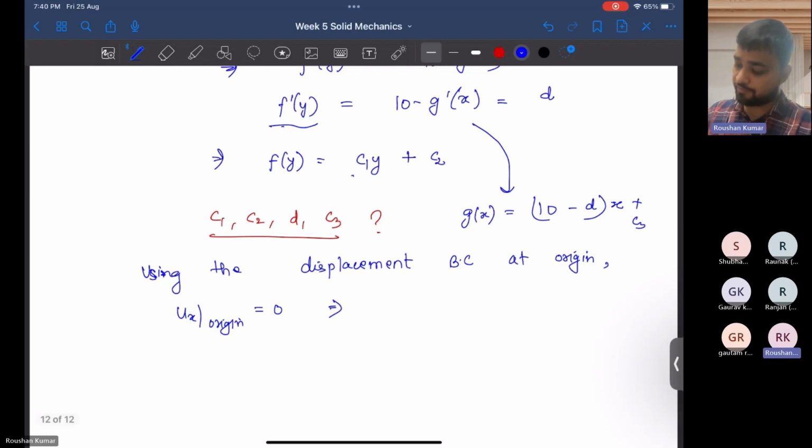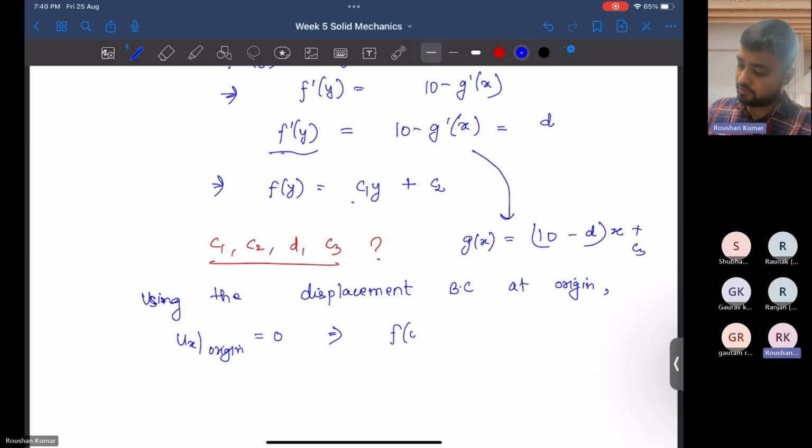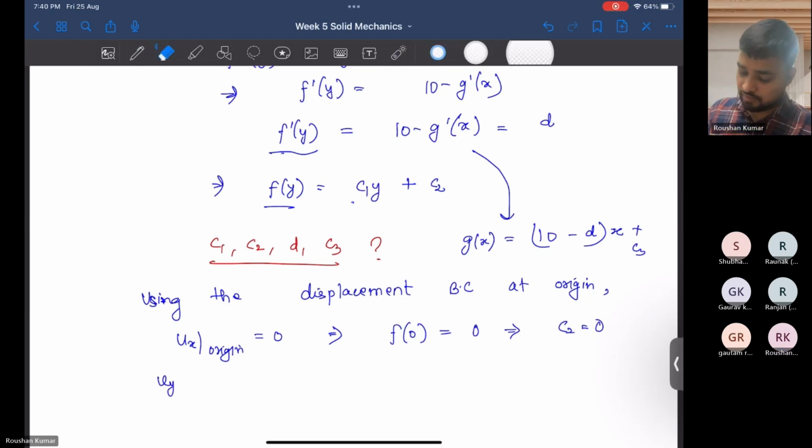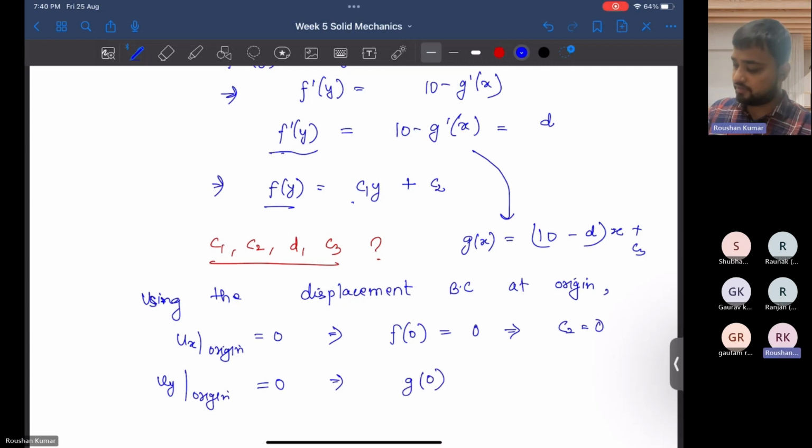That means f(0) equal to 0, so c2 equal to 0 from this equation. Now uy at origin equal to 0, which means g(0) equal to 0, which means c3 equal to 0.